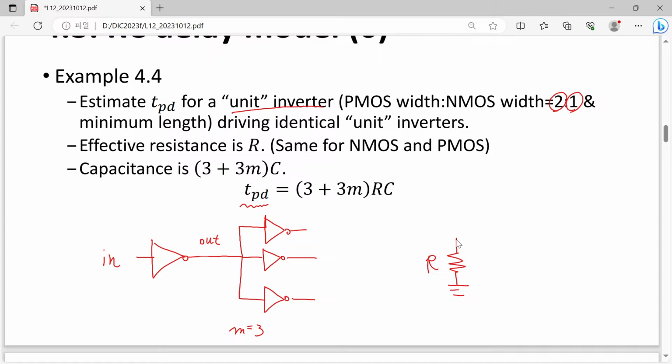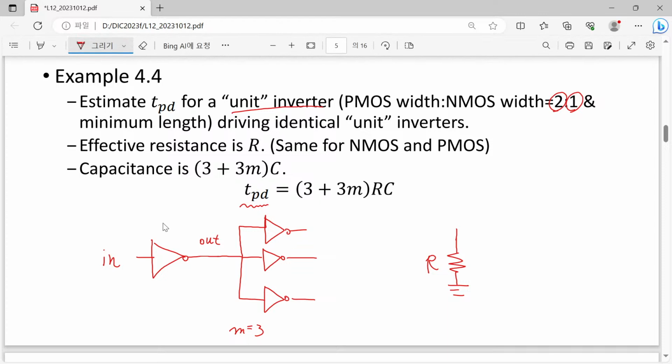In terms of our intrinsic part, not the loaded one, in this case we can find R either when it is falling down or rising up. Also we have another capacitance, given by 3 times C. Why do we have 3 times C for this capacitance?